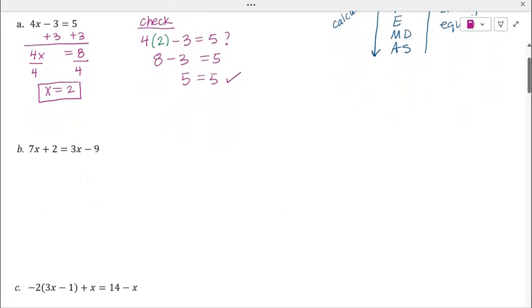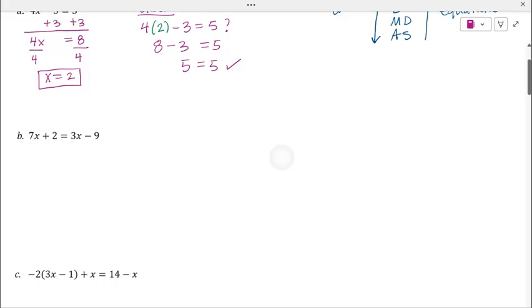In example B, we've got variables on both sides and numbers on both sides of the equation. So what we want to do is move the variables to one side and the numbers to the other side. I will subtract 3x from both sides to move that 3x over to the left.